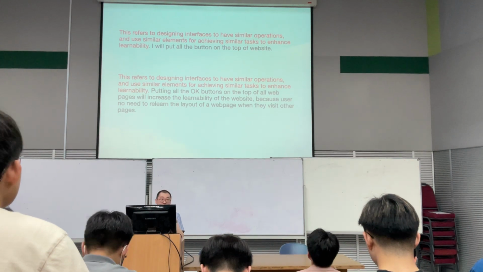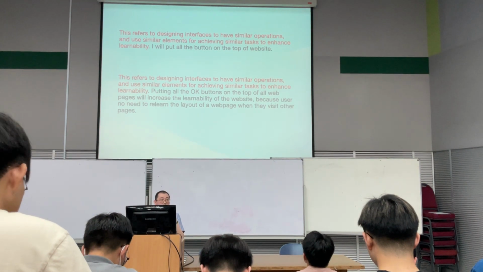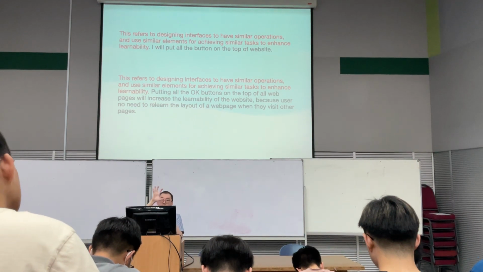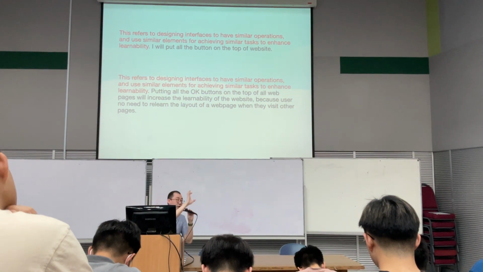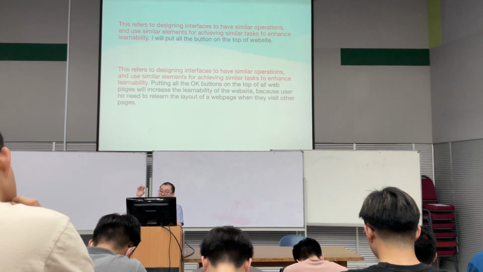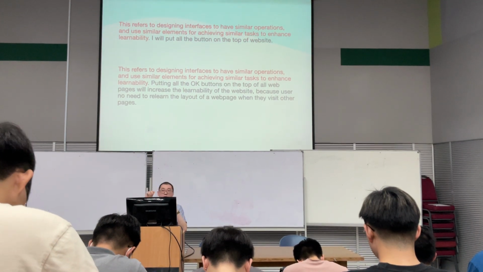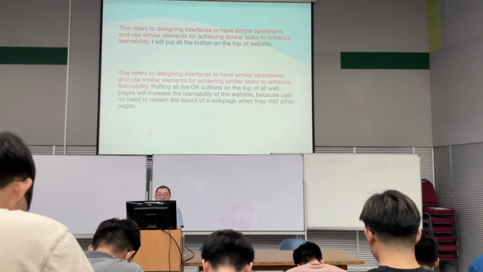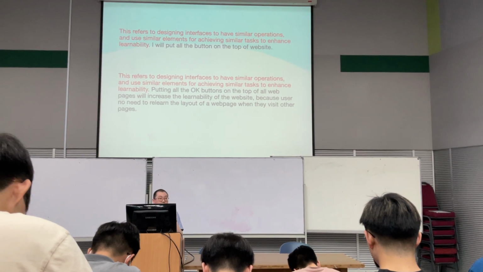The red color one is a general explanation. Why? How to consider general explanation? Very simple. You take that sentence, you put it under kiosk, under web, under app, all correct. That means general. So you take this sentence, basically it's general.